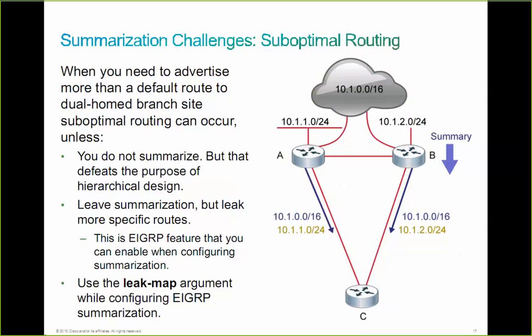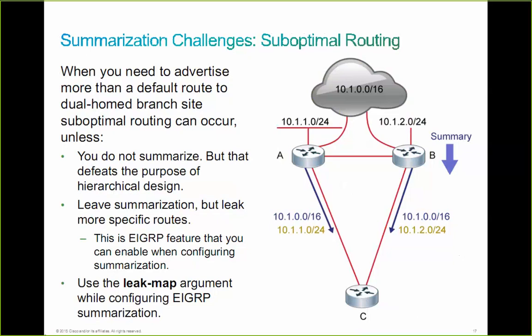Now, the yellow routes that we see here are routes that are leaked into these links from the hub routers. It's a feature called route leaking, and we'll see some details a little bit later on. And basically, it's just a way of distributing more specific routes over a particular link, because the more specific routes are going to be more preferred than the more generic routes, right?